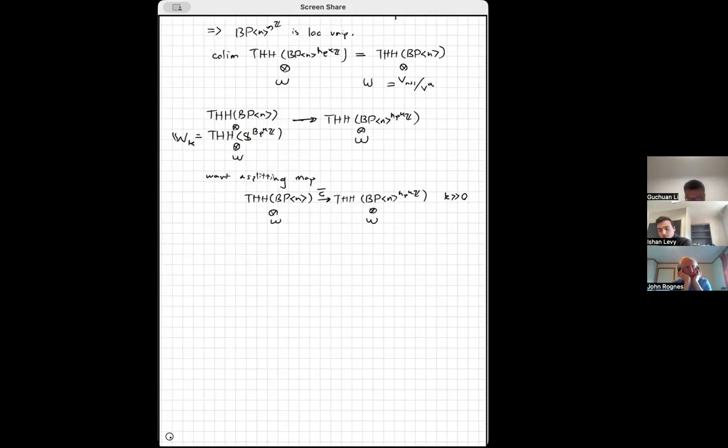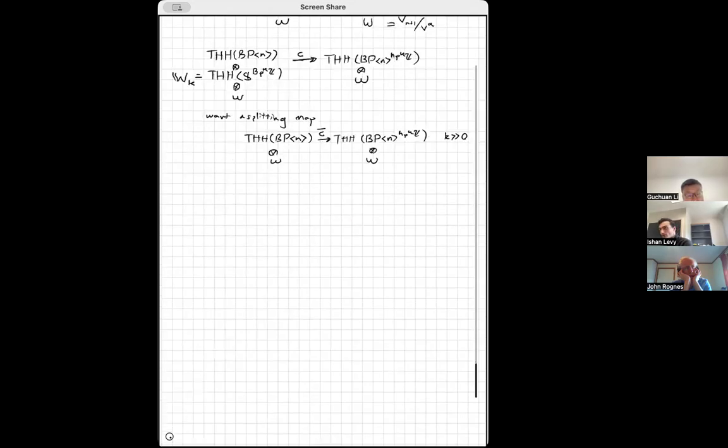And so if you have a map like this, then you can just tensor with this object to get a map that I'll call C. So if you want to produce this comparison map that we want to be an equivalence, the key thing that you have to do is produce this map, C bar. And so the question is really, why does C bar exist?